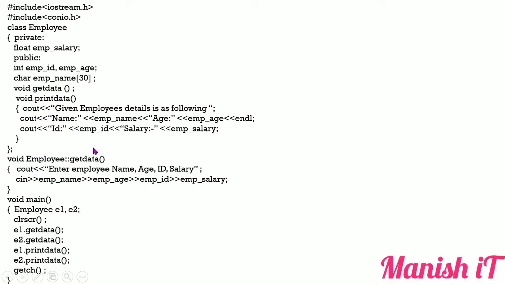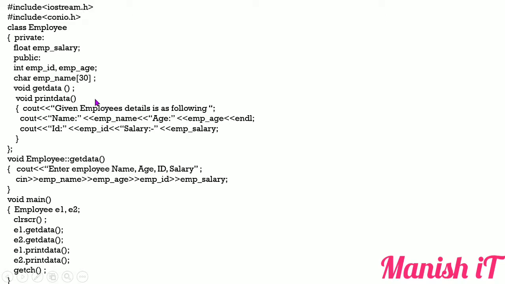So the question is why I have declared one member function within the class and another from outside the class. It is not a restriction of our class. It is not a restriction to define your member function outside the class, and it is also not a restriction to define your member function inside the class.